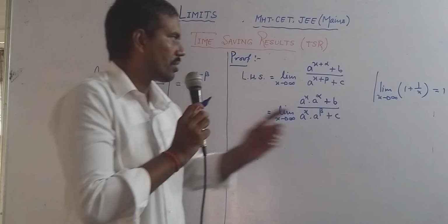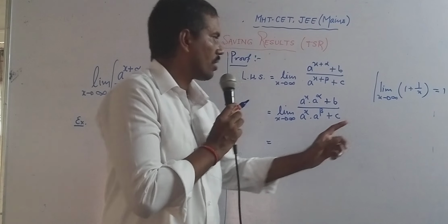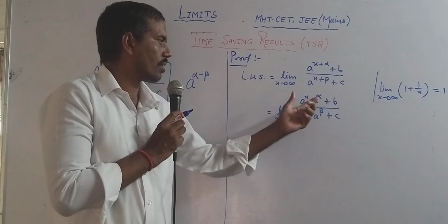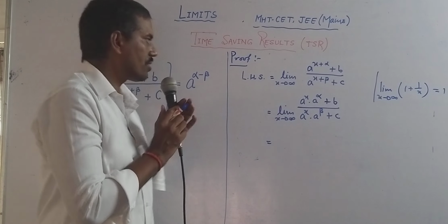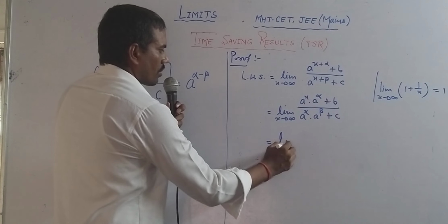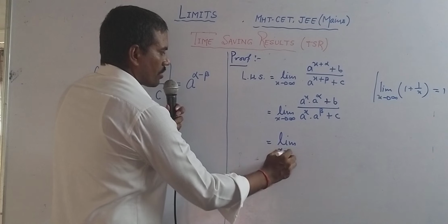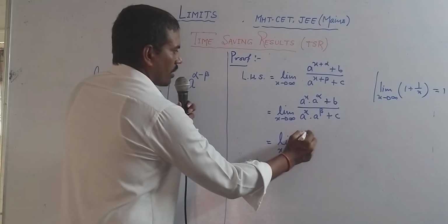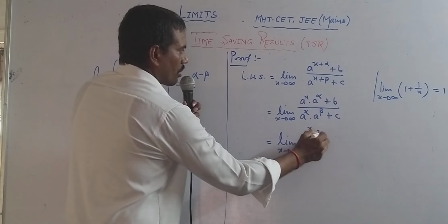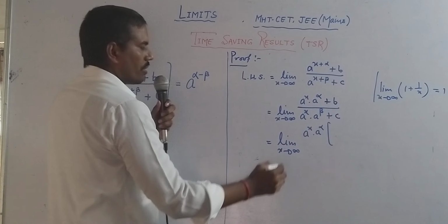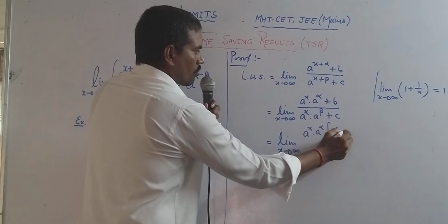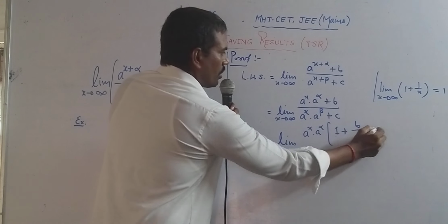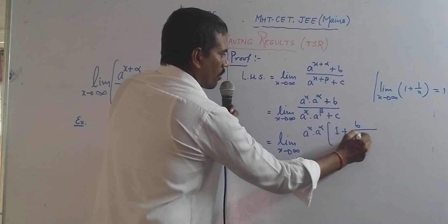Since we have to make the first term 1, we have to take common. Limit as x tends to infinity, taking a to the power x into a to the power alpha as common, we get the first term is 1 and the second term b divided by a to the power x into a to the power alpha.